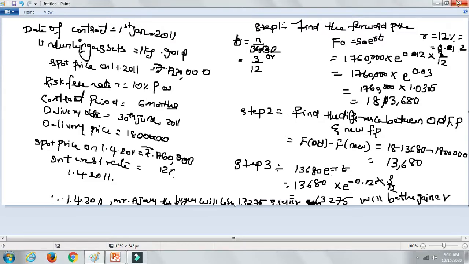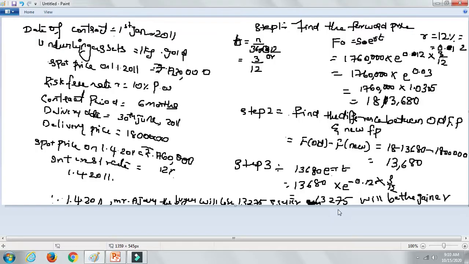So the buyer, if he continues in the contract, is getting a loss of 13,275. And the opposite is with the seller, because the price is decreasing over here.